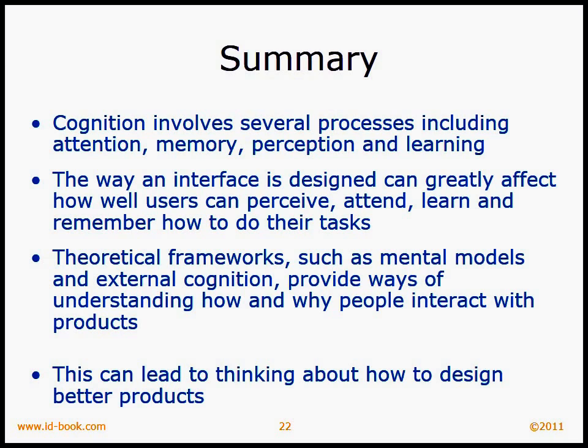The way an interface is designed can greatly affect how people perceive, attend, learn, and remember how to carry out their task. The main benefit of conceptual frameworks and cognitive theories is that they can explain user interaction, inform design, and predict user performance.